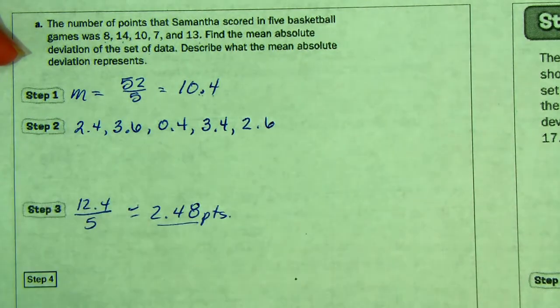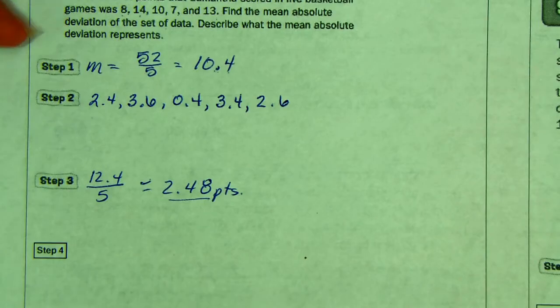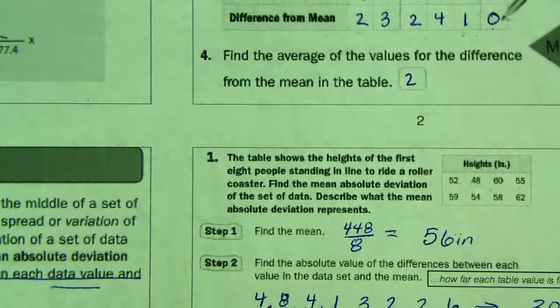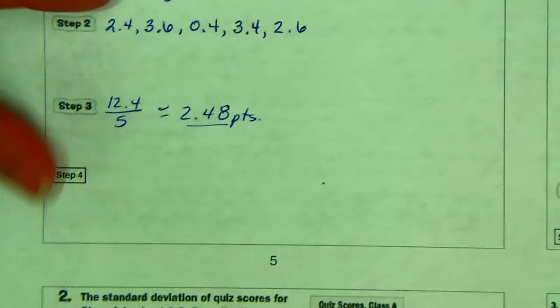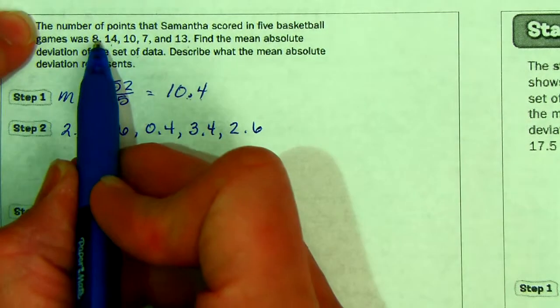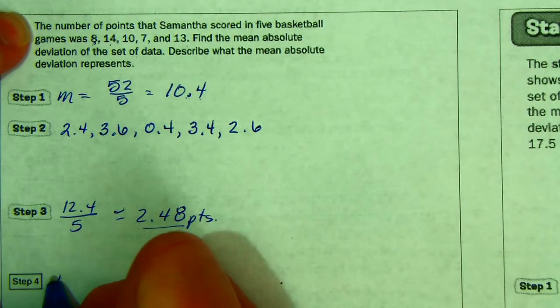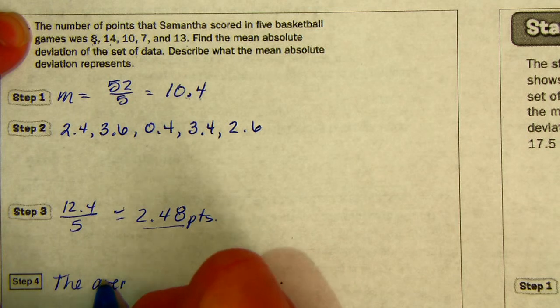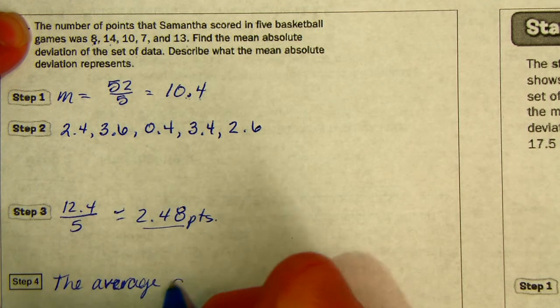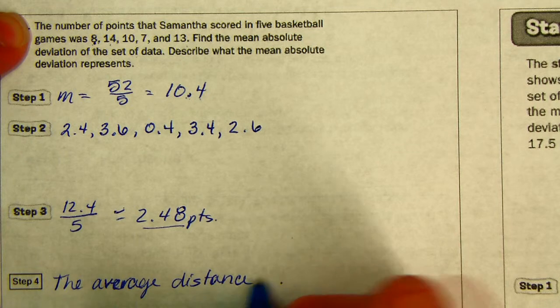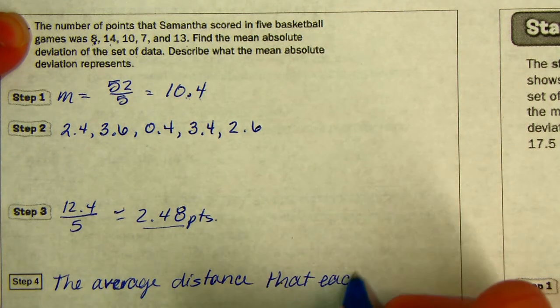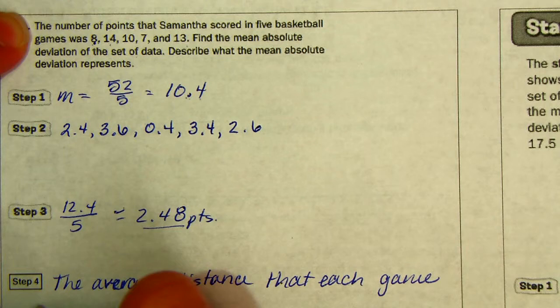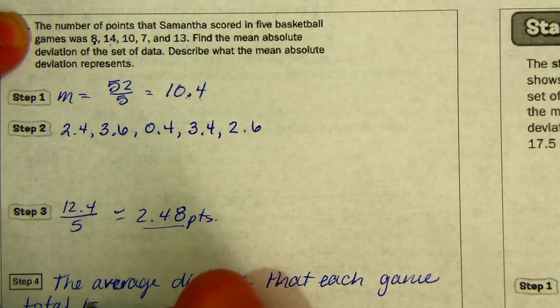All right, so this is what we're going to say. Look back here. So the average distance, I'm going to refer to these as game totals. The average distance that each game total is from the mean is 3.7.